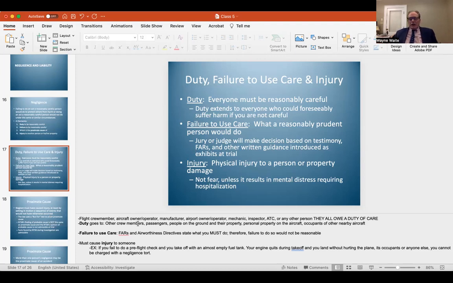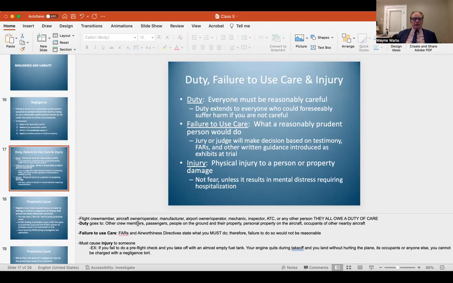So, it's clear that a flight crew member, aircraft operator, manufacturer, airport owner, operator, mechanic, inspector, ATC, or any other person, all of these folks owe a duty of care. And who does the duty go to? It goes to people who reasonably rely on them to act reasonably. So it could go to other crew members, passengers, people on the ground, their property, personal property of the aircraft, occupants of other nearby aircraft.